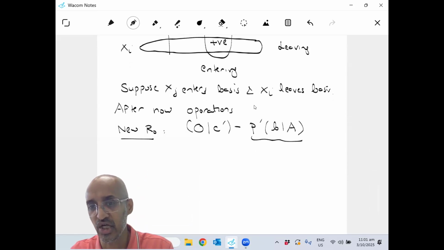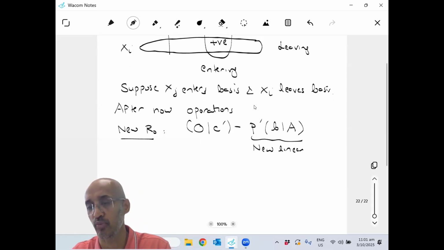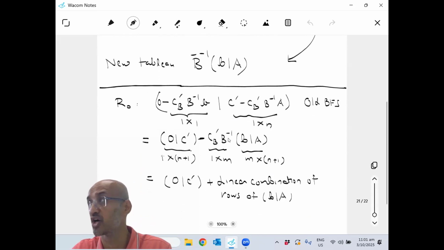So we are creating a new linear combination. There's an original linear combination, which is CB transpose B inverse, an original linear combination of the rows of B and A using the old basis matrix.